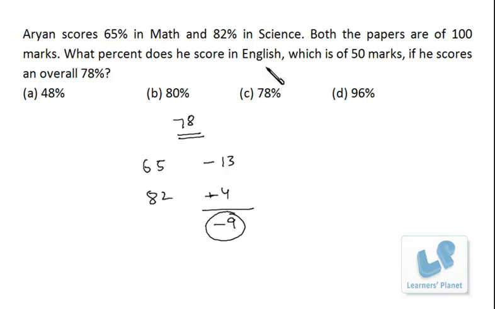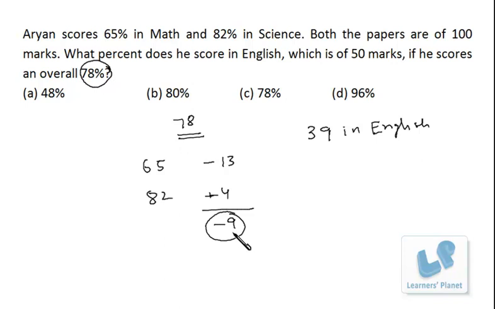So in English the paper is of 50 marks. To make 78%, he should be having 39 marks in English. So if he gets 39 marks in English, he'll be making it to 78%. But his overall is 78%, and we are less by 9 marks.